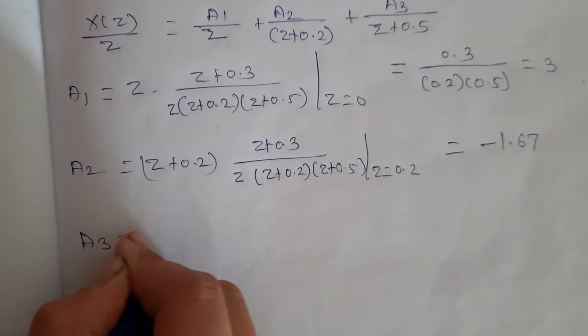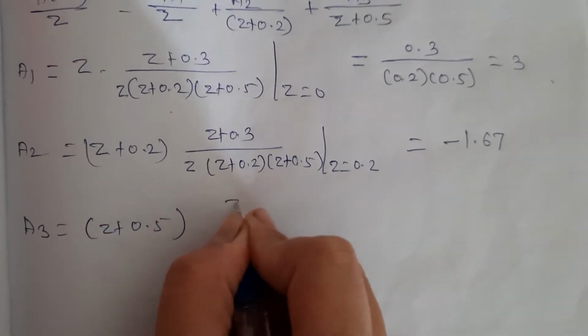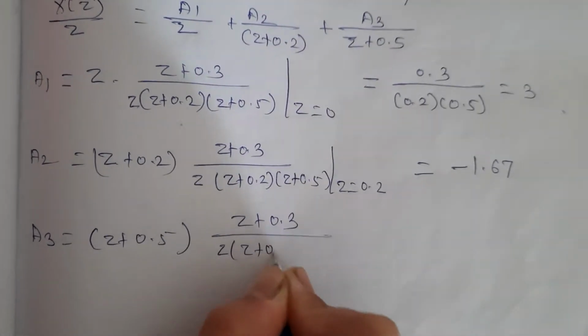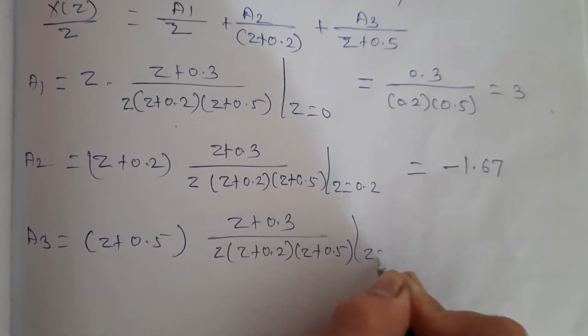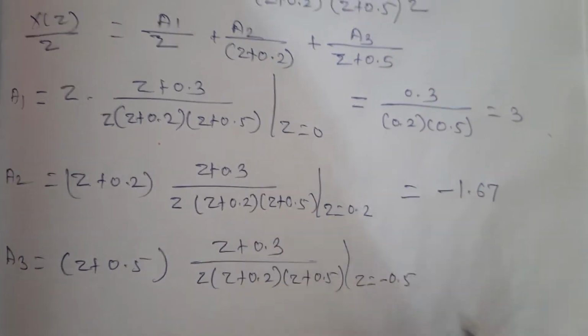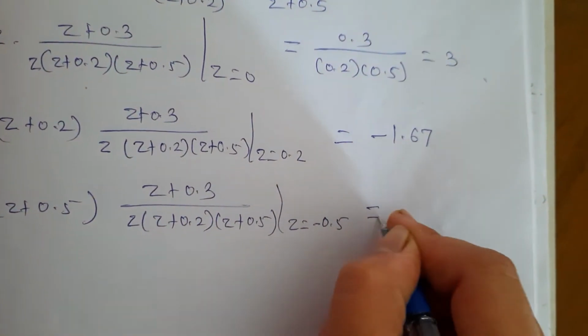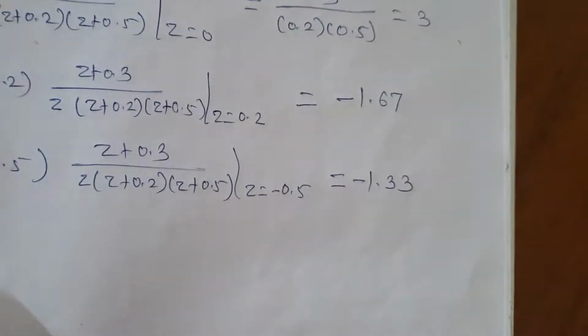Similarly, A3 is equal to (z + 0.5) into (z + 0.3) divided by z(z + 0.2)(z + 0.5), at z equal to minus 0.5. So we substitute this value and we get A3 equal to minus 1.33.